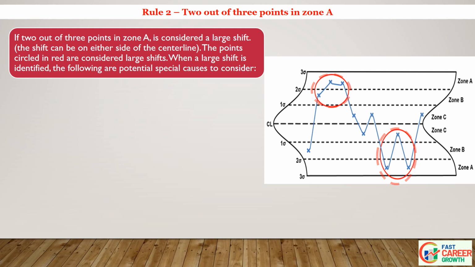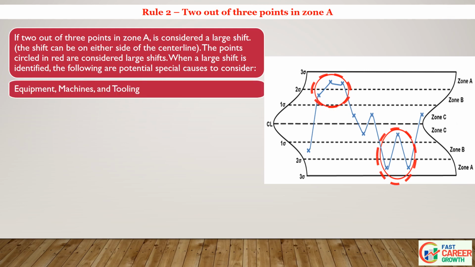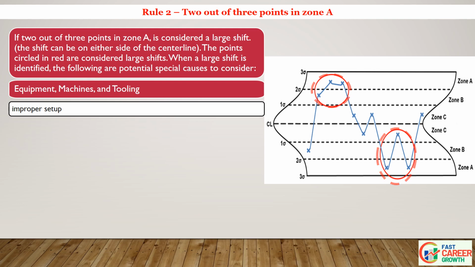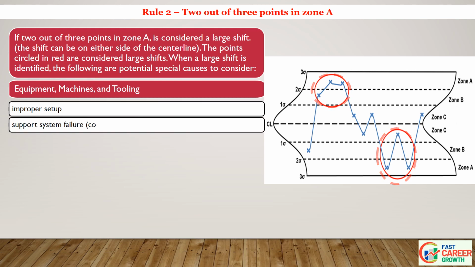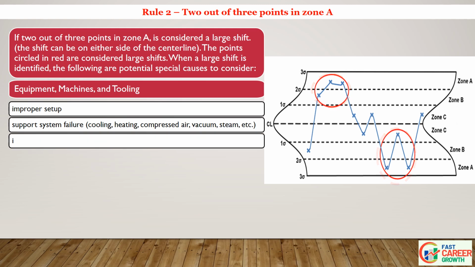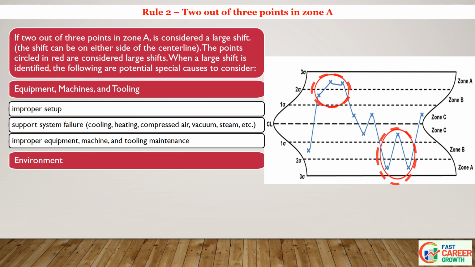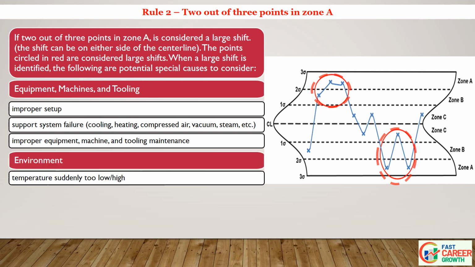When a large shift is identified, the following are potential special causes to consider: equipment, machines, and tooling; improper setup, support system failure, cooling, heating, compressed air, vacuum, steam, etc., improper equipment, machine, and tooling maintenance. Environment, temperature suddenly too low or high, humidity suddenly too low or high.